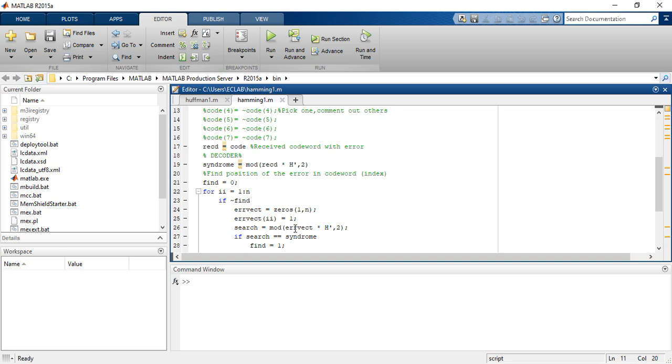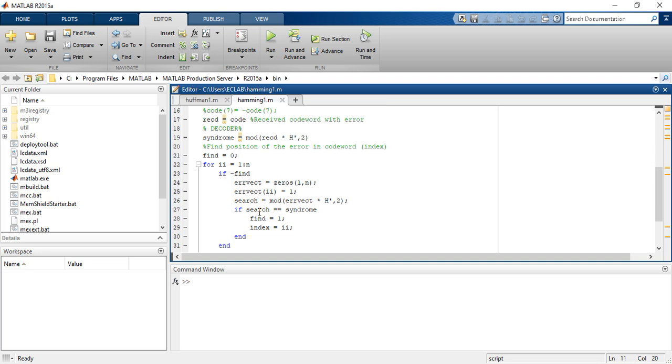Search is the error vector multiplied modulo 2 with H transpose. It calculates like a syndrome, with the variable taken as search. The error vector is all zeros, and the index position is set to 1, so it multiplies the error vector with H transpose. If the search value is equal to the syndrome, then find is equal to 1 and index is equal to i.